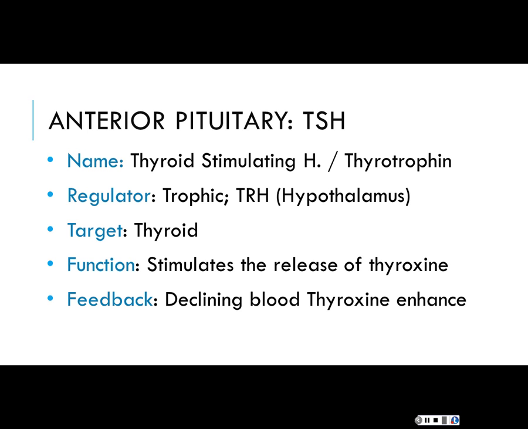TSH is trophic itself, and so we're going to keep seeing the pathway when we look at the control of thyroxine from the hypothalamus. Kind of builds, if you will. The big thing is to see the relationship between the hypothalamus and the anterior pituitary at this point. Are we okay so far?